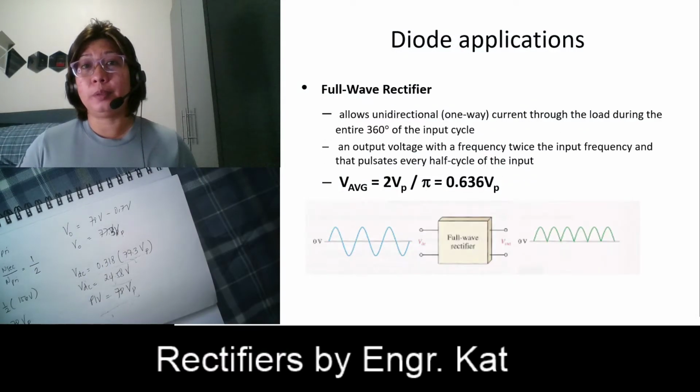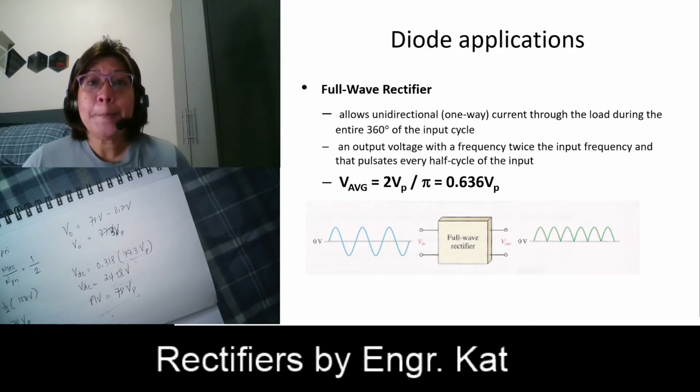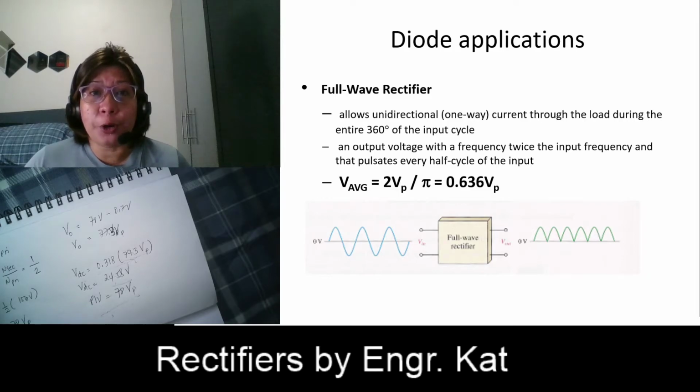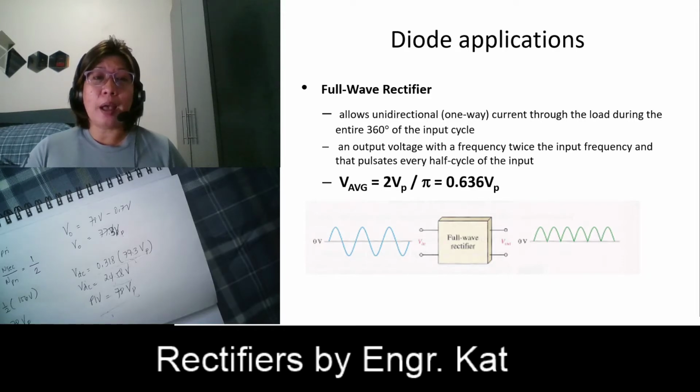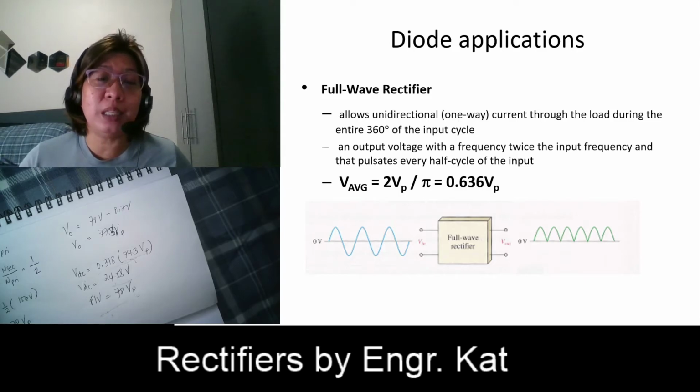Okay? Now, let us go to full-wave rectifier. So, what is full-wave rectifier? A full-wave rectifier allows a unidirectional one-way current through the load during the entire 360 degrees of the input cycle. Take note that using a half-wave rectifier, we only conduct for 180 degrees.